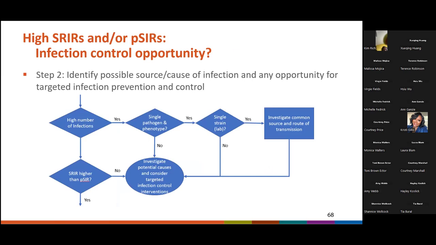However, whether a common source or a common strain is identified, since the rate of infection is already higher than the national baseline, we still recommend the facility investigate potential causes and consider infection control interventions.